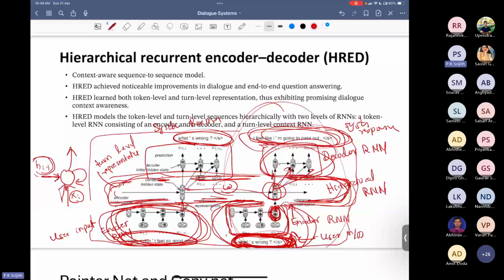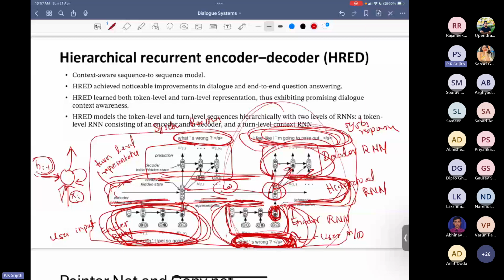Okay, so this model is clear, right? Yes, sir. So what it basically tells you is that you need to maintain a higher level RNN which keeps track of the different history of user input and system response, so that keeping track of the history is helpful in generating an accurate system response.